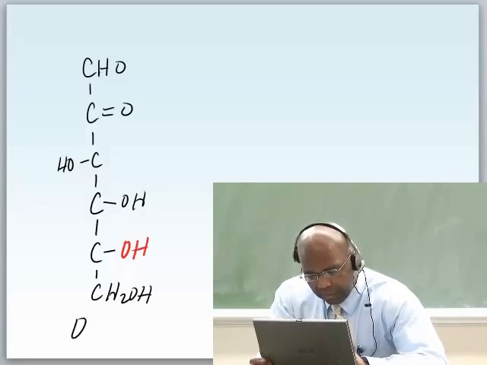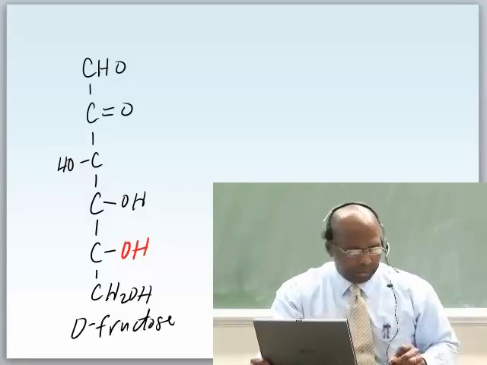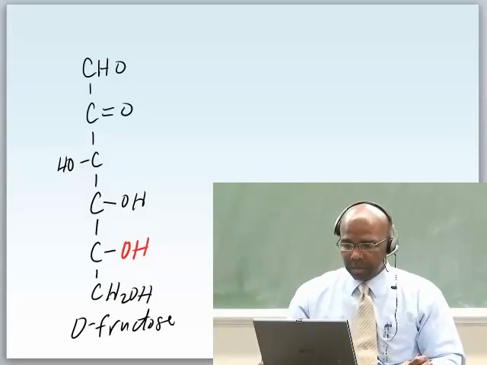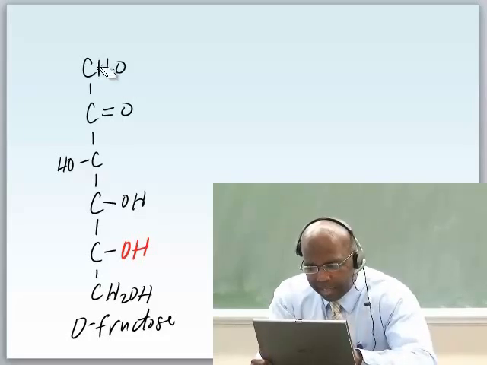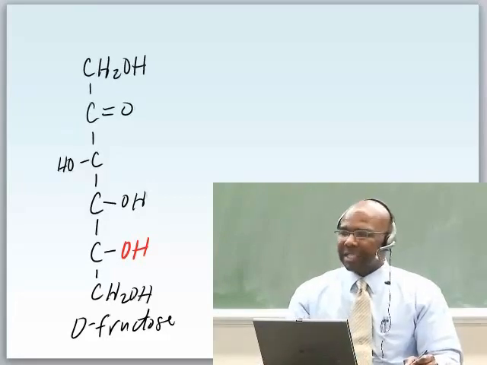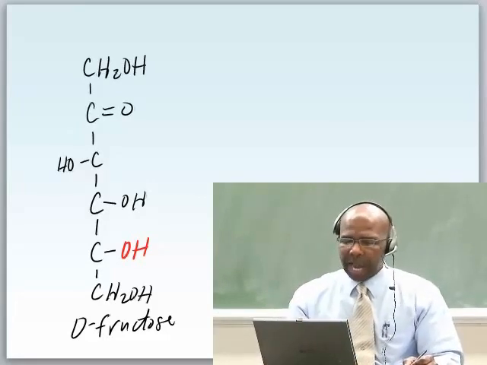And so this is D-fructose. Oh, right, thank you. Exactly. This is not an aldehyde at the top now. Very good. This is CH2OH. It's just an alcohol on top.